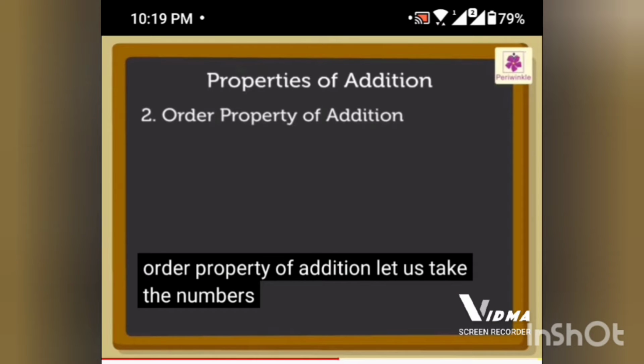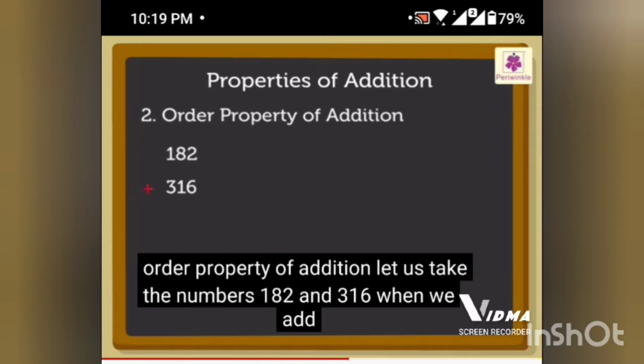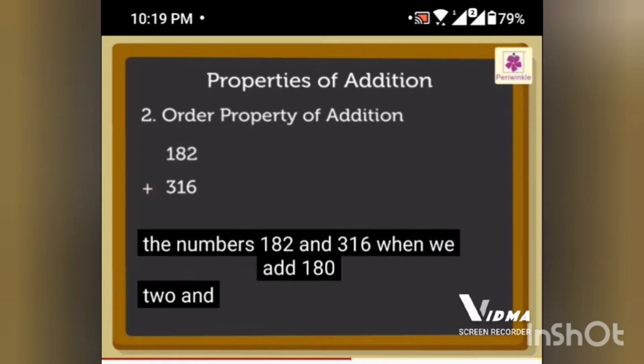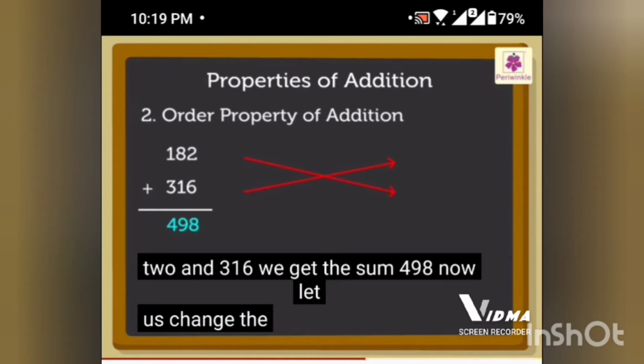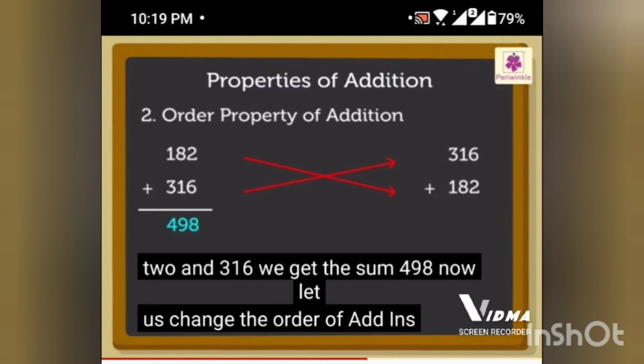Let us take the numbers 182 and 316. When we add 182 and 316, we get the sum 498. Now, let us change the order of addends.